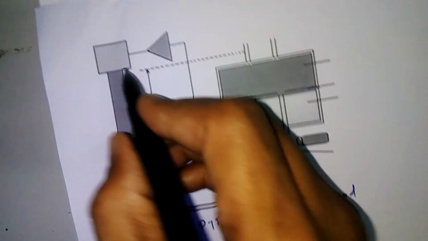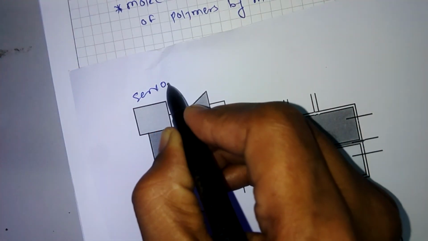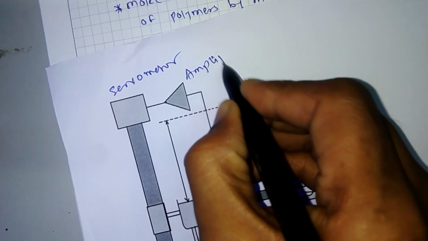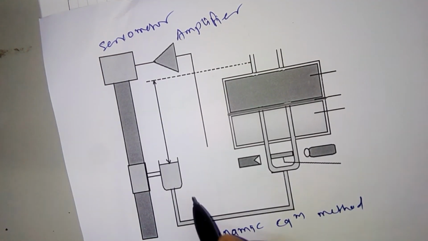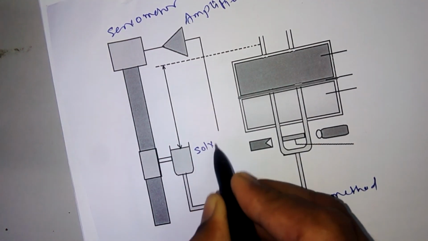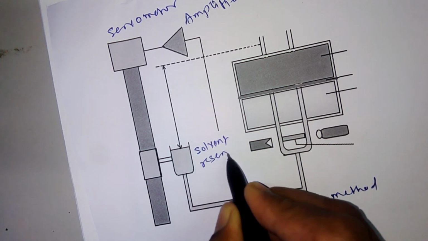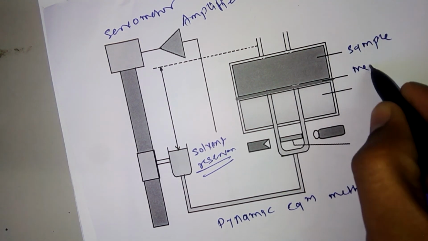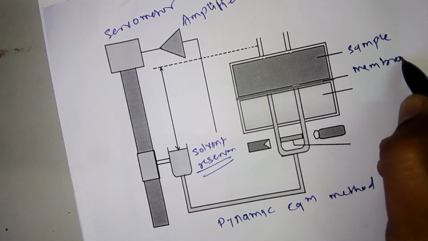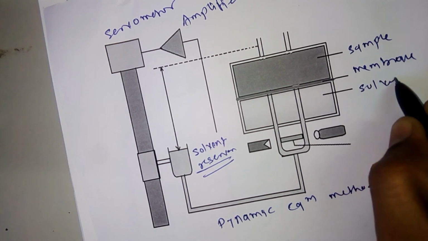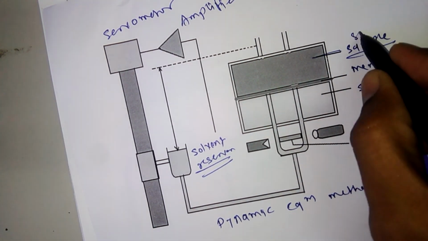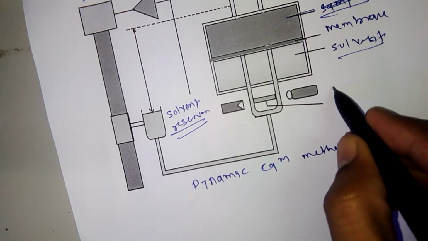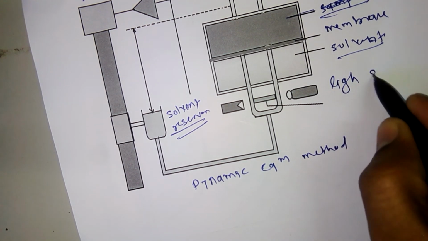Here this is the servo motor, this is the amplifier, this is the solvent reservoir, this is the sample, and this is the semi-permeable membrane. This is the solvent compartment, this is the solution sample, meaning the solution compartment. Then there is the light detector and the light source.